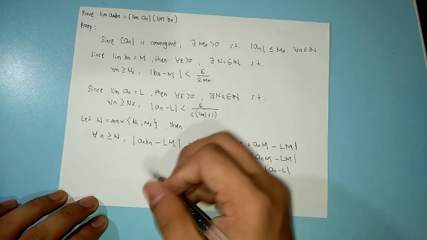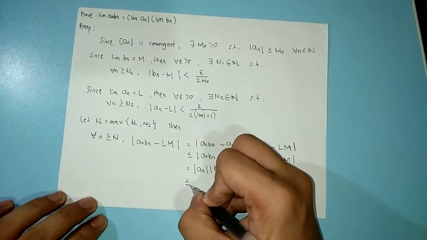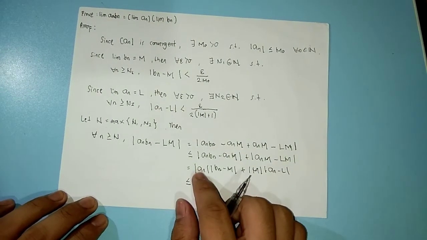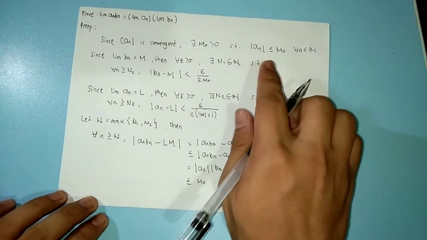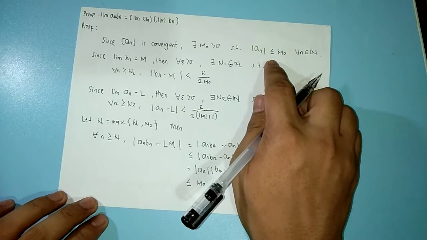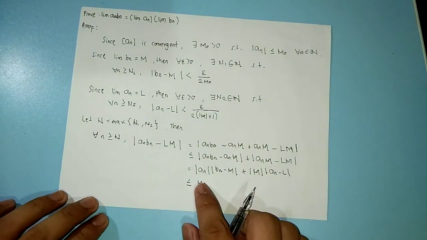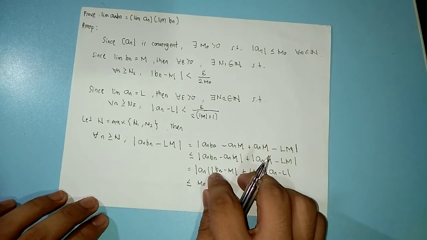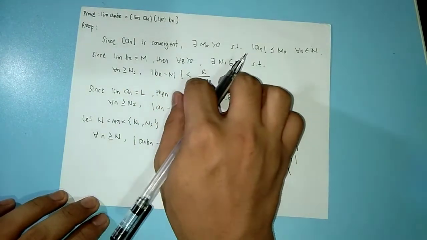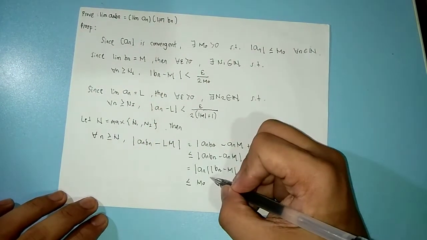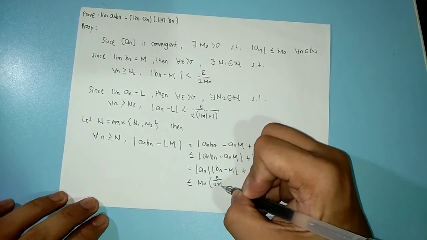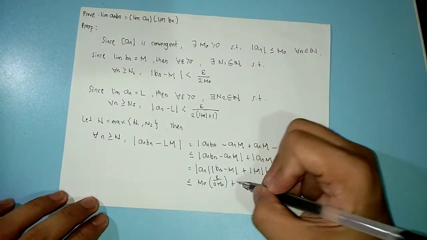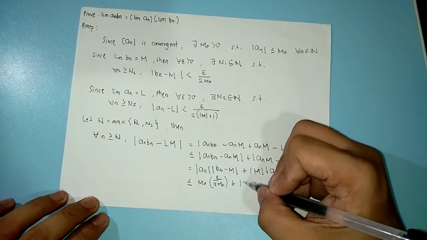Now, this is less than or equal to m naught. So where does this come from? Because the absolute value of a sub n is less than or equal to m naught, so I can put m naught here. Okay? Then, the absolute value of b sub n minus m is less than epsilon over 2 m naught. So, epsilon over 2 m naught. Plus, I will just keep this absolute value of m.